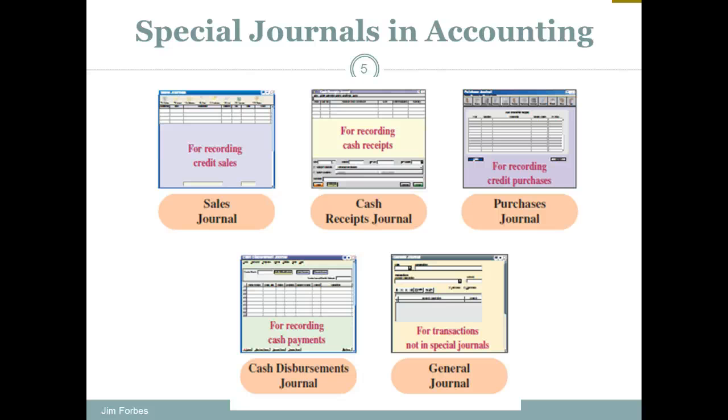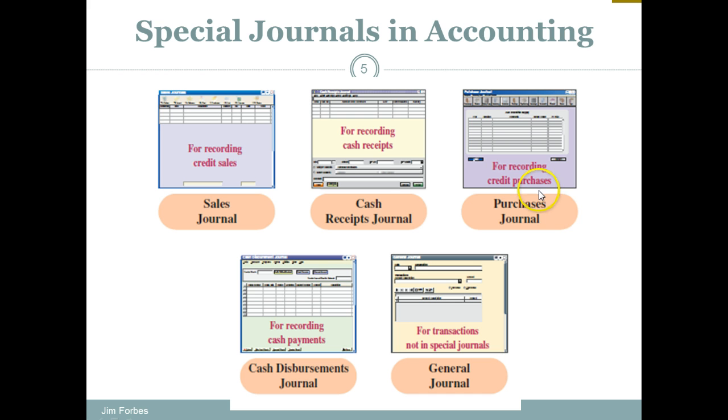There are a variety of special journals in accounting. For instance, we might have one journal just for the sales department, the sales journal. We might have one just specifically dealing with cash receipts, if this is a big component of your business.